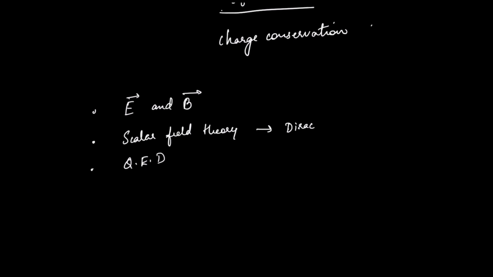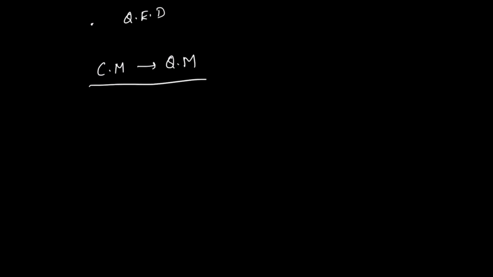So before going from classical field theory to quantum field theory, let's recall how to go from classical mechanics to quantum mechanics. In classical mechanics, if you have a single degree of freedom, that is just a one-dimensional particle whose motion is described by x of t, then the goal of the classical mechanics is to solve the equation of motion for x of t.